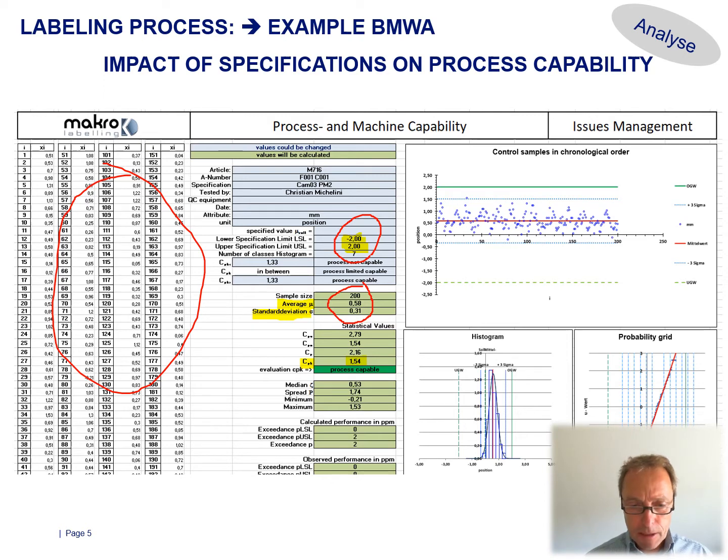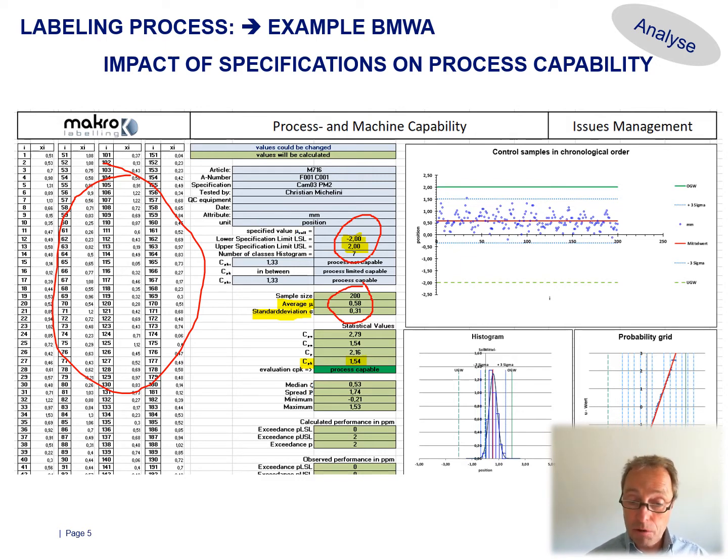We see that the CP is 2.16. This is perfect. It's better than the CPK from 2, better than a Six Sigma process. This is perfect, but the CPK is lower. This is because the process is not in the middle. So we have one very good right hand side and one not so good left hand side.